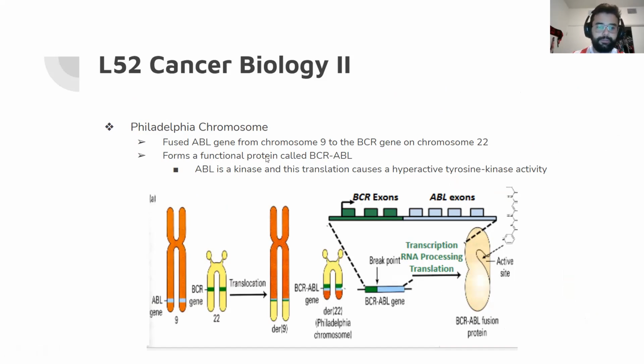The issue is that ABL is a kinase, and this translocation causes hyperactive tyrosine kinase activity. So we're activating signal pathways without stopping, because this chromosomal rearrangement forms a functional protein that causes hyperactive tyrosine kinase activity.